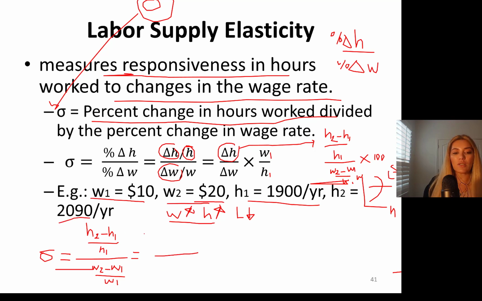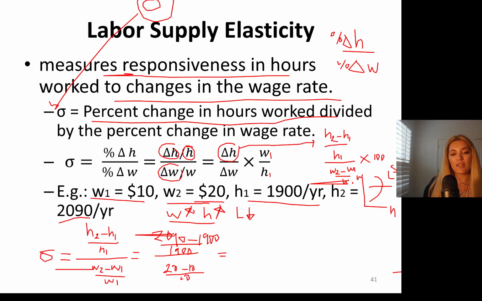Final hours, H2, is 2,090 minus 1,900, divided by initial hours, 1,900. Bottom: wage 2 is $20, initial wage $10, divided by initial $10.